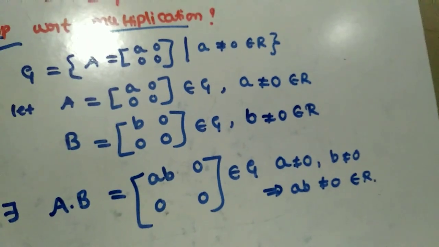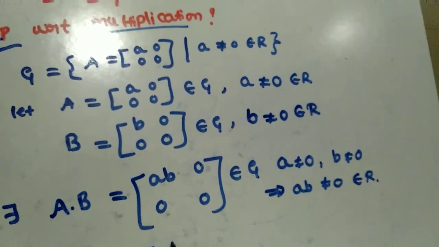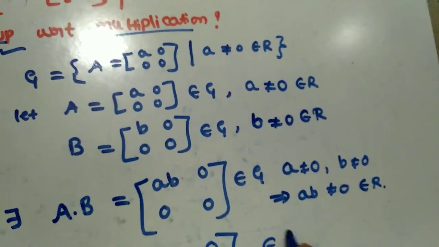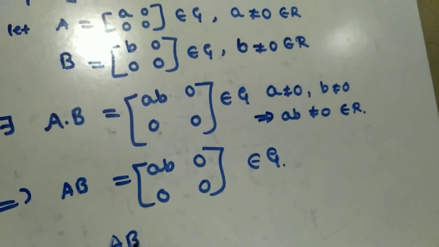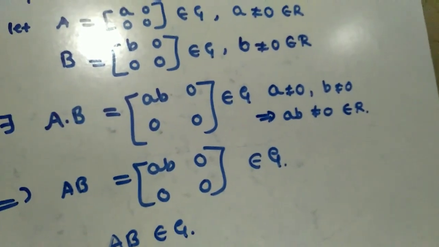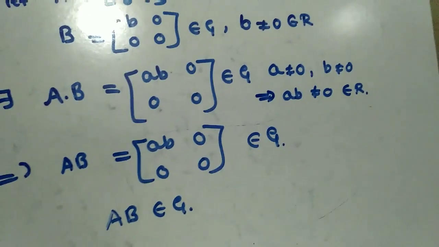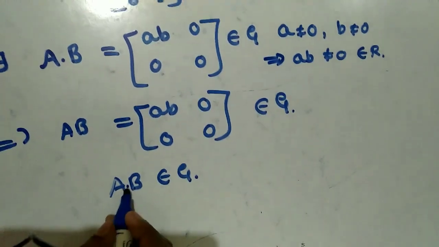So AB is AB, 0, 0, 0, which belongs to our given non-empty set. Therefore AB also belongs to G. It means A belongs to G, B belongs to G, and finally the product of these two belongs to G. Why am I using the product here?